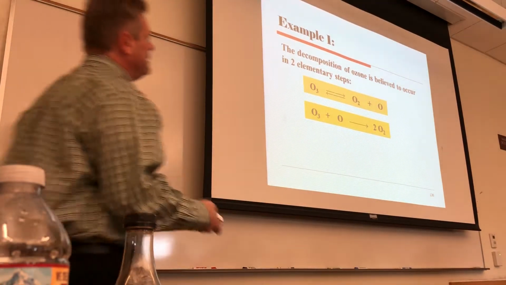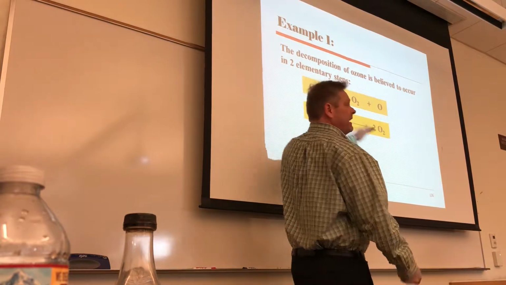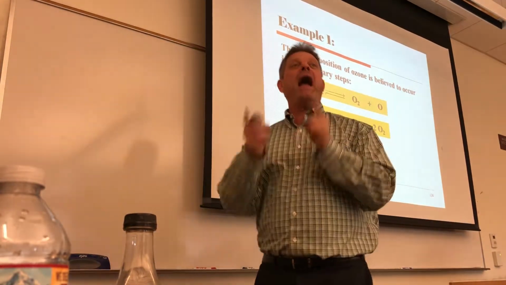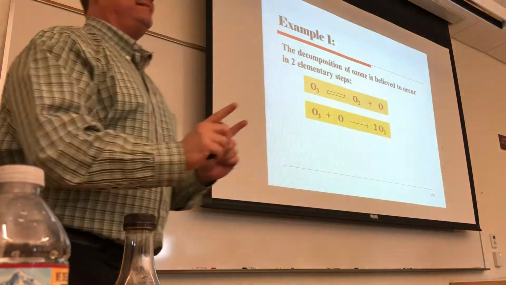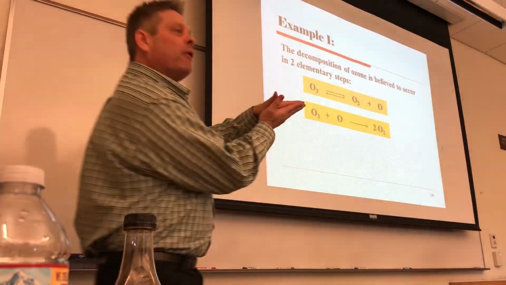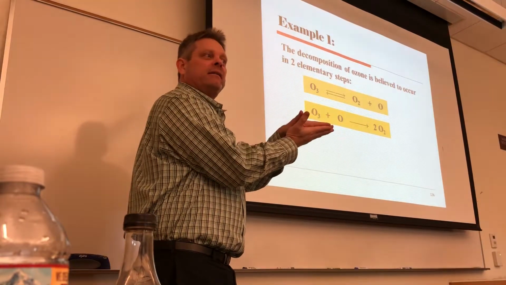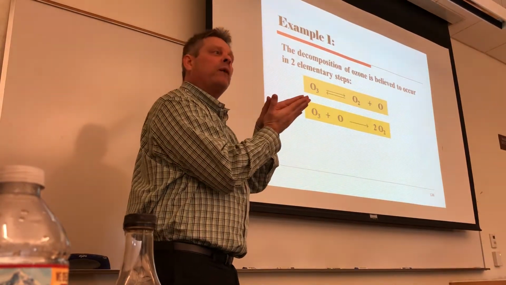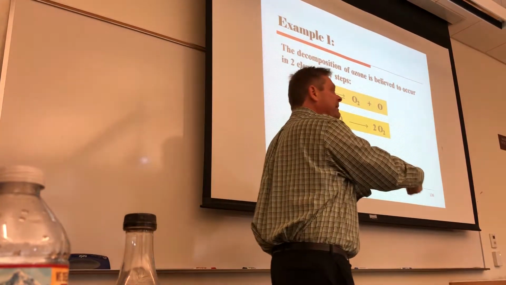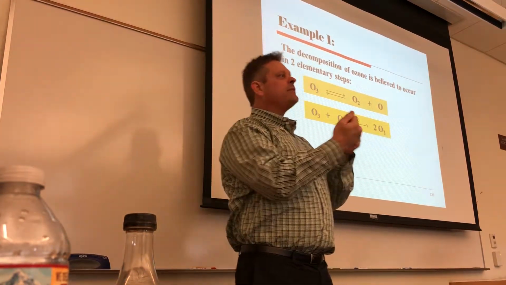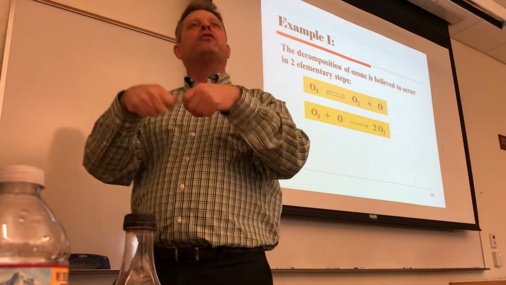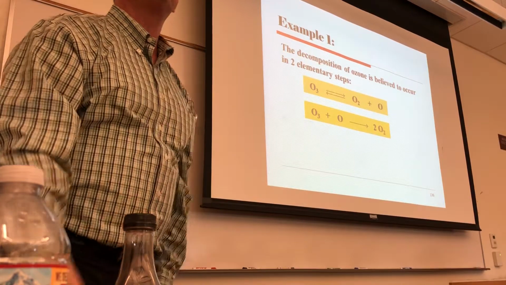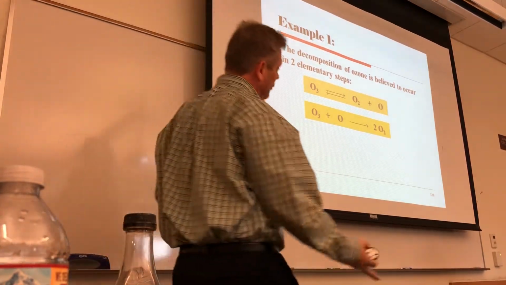So when we're looking at the decomposition of O3, ozone, that is not necessarily a good thing, right? So this is not something we want to speed up. However, knowing that, if we understand how it works, maybe we could find a way to inhibit it. So knowing the mechanism is important in multiple ways, either to speed something up or potentially to slow it down, right? So it's not always a negative thing to understand how something that you don't want to happen happens, because now you have a chance to try to stop it or inhibit it or slow it down.